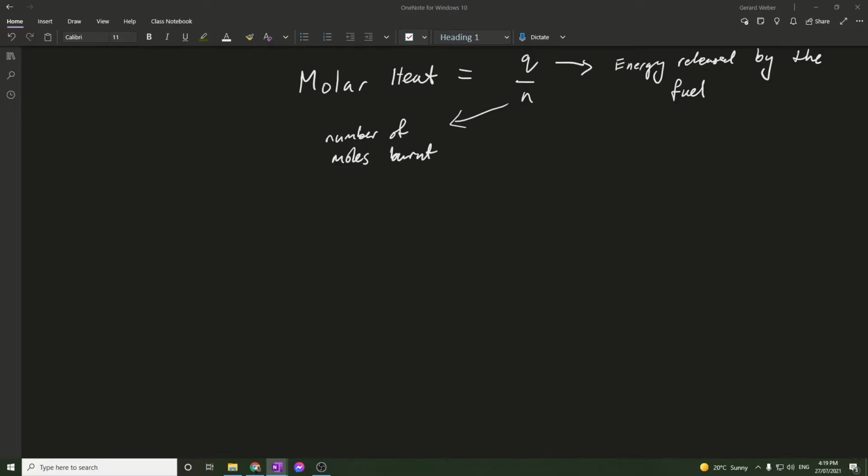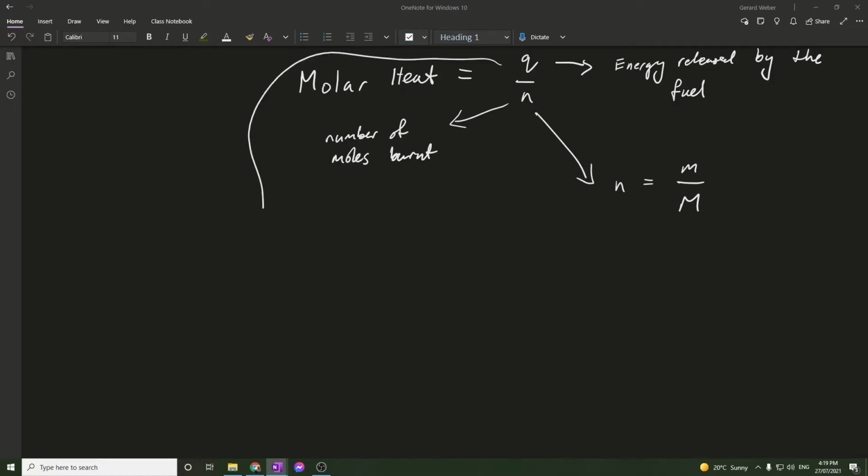To calculate these, we need to use the following equations. To find the number of moles of fuel burnt, we use n equals the mass of fuel burnt divided by the molar mass of that compound.